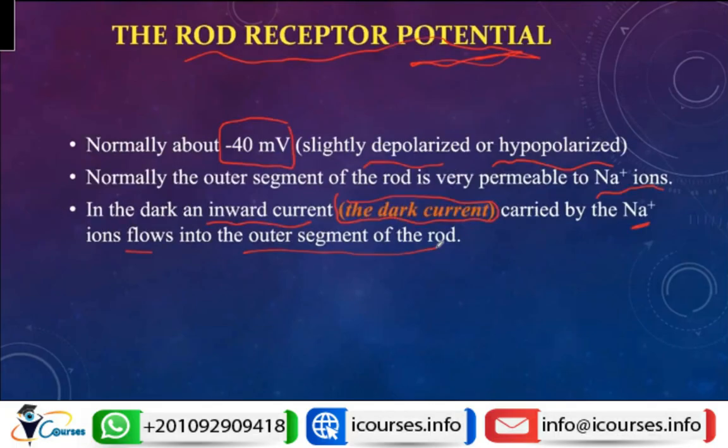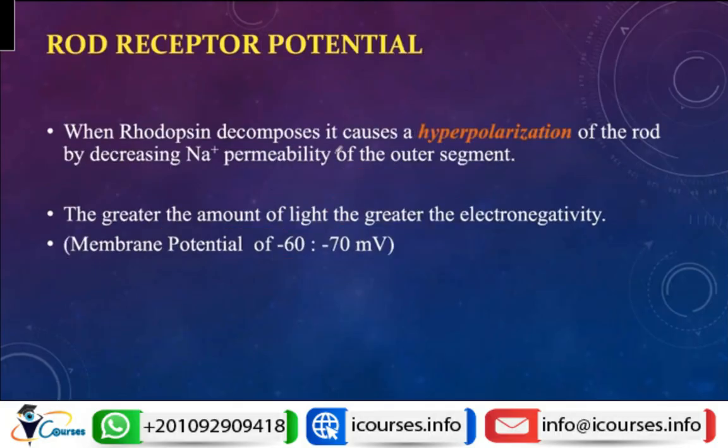Let's see what this means. Again, in the dark, there will be a depolarized membrane or depolarized rods. This occurs due to sodium ions entering inside the receptor, leading to a slight negativity of minus 40 millivolts of the membrane of the photoreceptor.